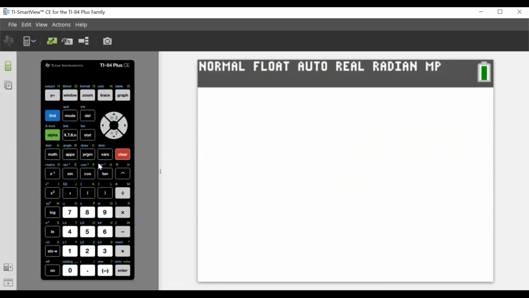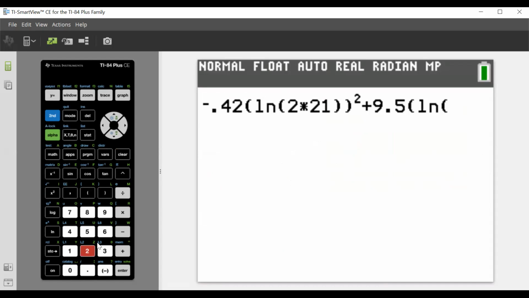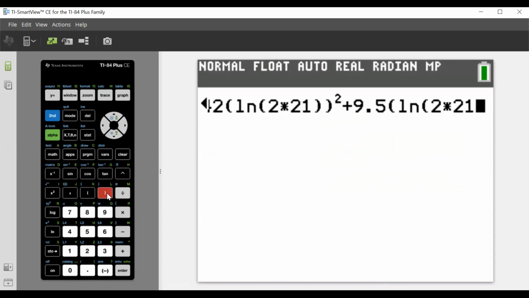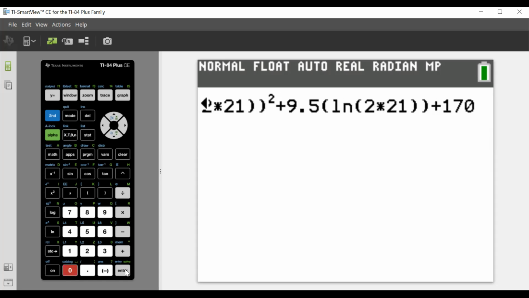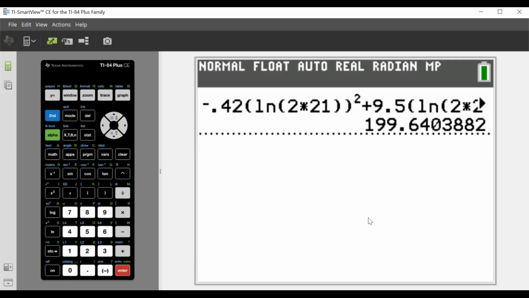It said we have a negative 0.42 times ln of 2 times 21, in parentheses, squared, plus 9.5 times the ln of 2 times 21, plus 170. And we get 199.64.